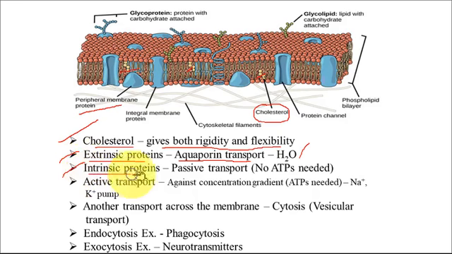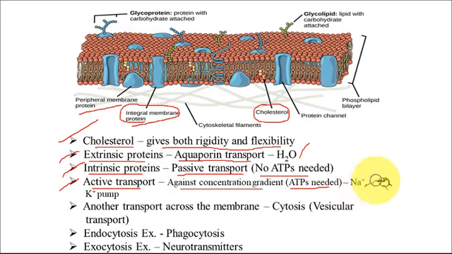Then the intrinsic proteins, known as integral membrane proteins, help in the passive transport of ions or metabolites where no energy is utilized, so no ATP is used. Whereas in active transport, the flow of the ion or metabolite is always against the concentration gradient, where energy is required in the form of ATP, like the sodium and potassium pumps.